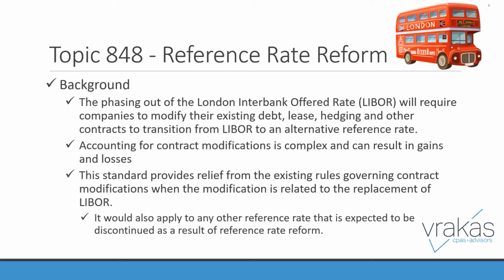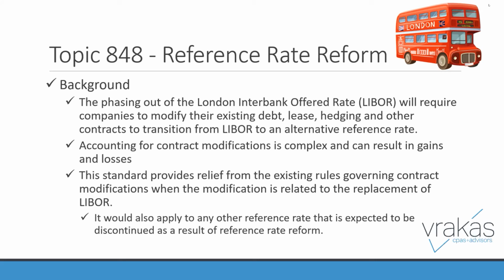Typically, accounting for contract modifications is pretty complex and it can result in gains and losses at the time of the modification. So this particular standard provides relief from the existing accounting for modifications to make it easier if your contract is only changing because of this LIBOR rate issue.